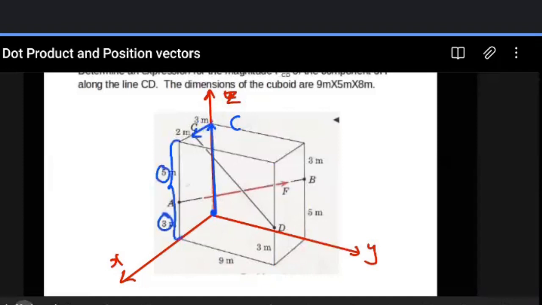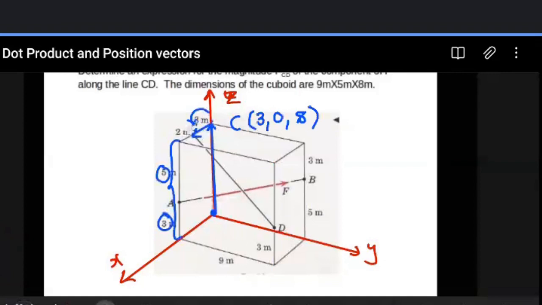So we went up 8 units in the z-axis. In the x-axis, all we did was move 3 units in the positive direction. So in x, we have a 3. In y, we did not move, so that's a 0. And in z, we went up 8 units. You can take those to be the coordinates of the point C.